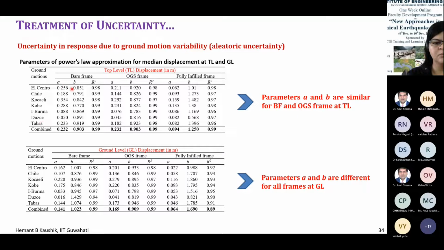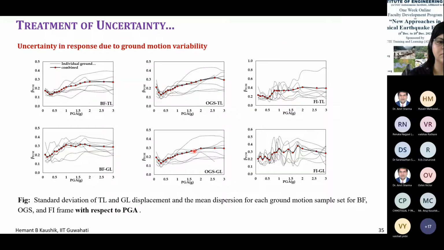So we estimate these A and B, and for each of that estimation, we get the R squared values, which is very high, near to 1 for all 3, for top level displacement and the ground level displacement that we calculated. And these are the uncertainty in responses due to ground motion variability. So aleatoric uncertainty we have tried to obtain.